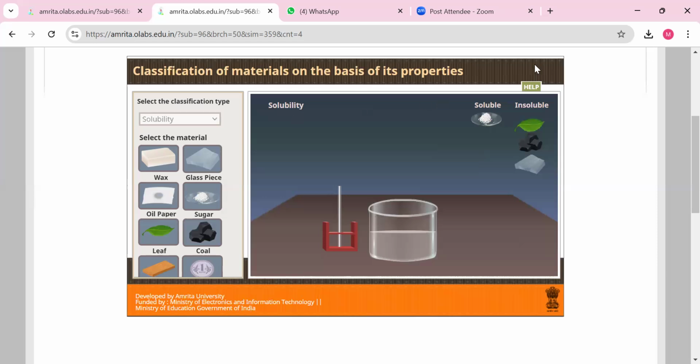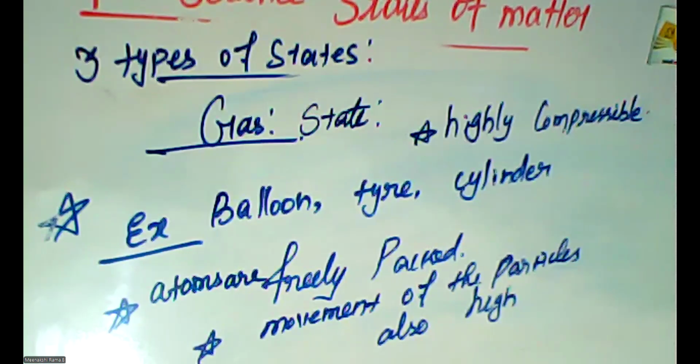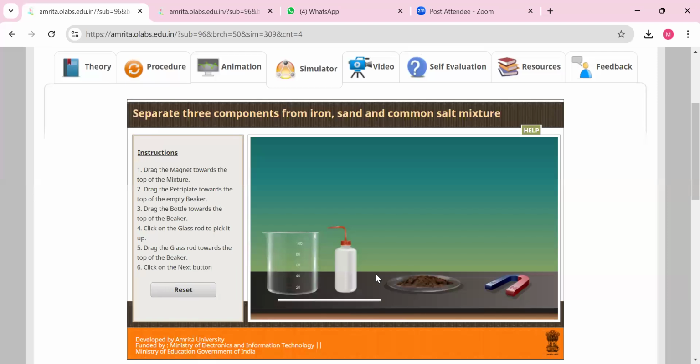We can also notice the three states of matter, solid, liquid and gas, in this simulation.